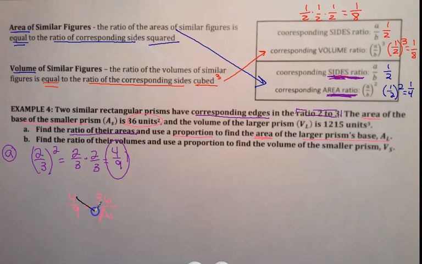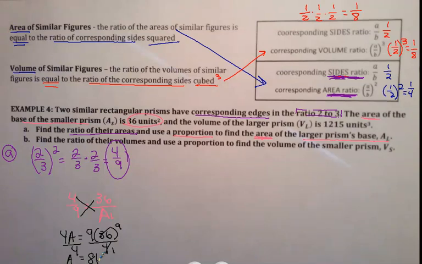Then you can solve that. So we have 4A equals 9 times 36. I don't care what that is because I'm not going to do that math. I'm going to divide by 4. A equals, and I'm going to cancel, A equals 81. You can do it in your calculator, that's totally fine.